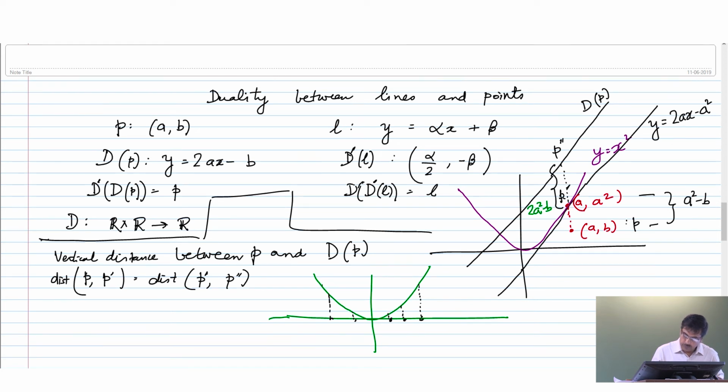I am lifting them to the paraboloid, okay. And then I draw these tangential lines, right. So, suppose this is A and this is point B.